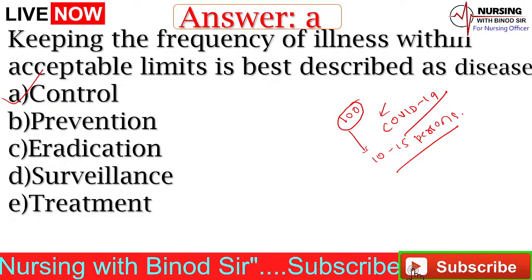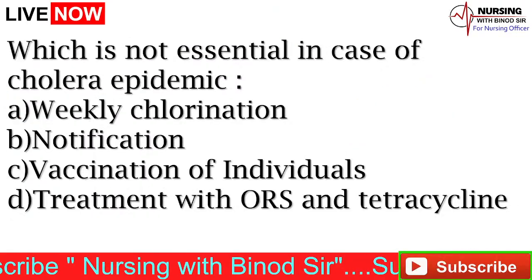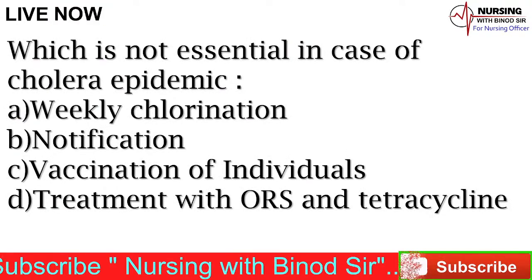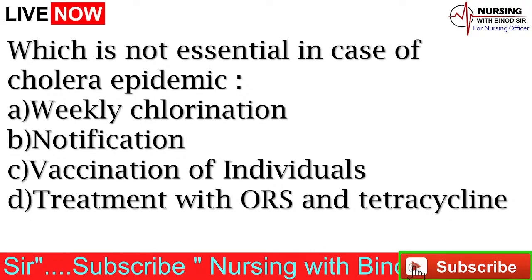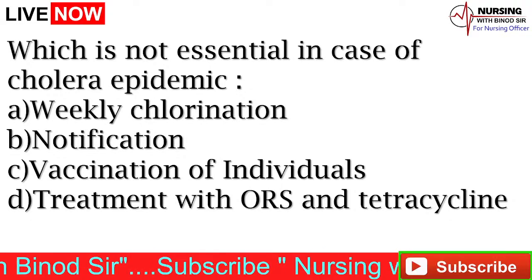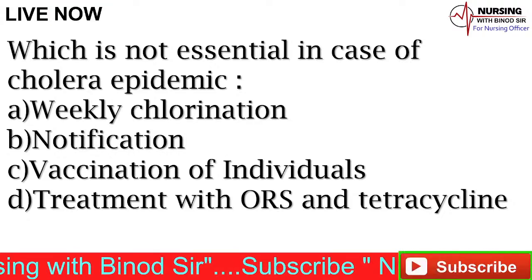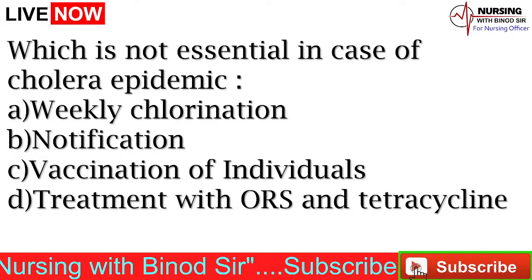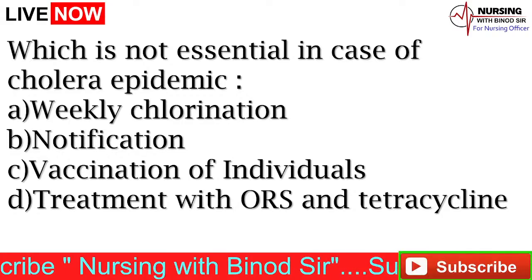Now we'll come back to the next question: which is not essential in case of cholera epidemic. Four options have been given to you. You have to choose one option. A option weekly chlorination, B option notification, C option vaccination of the individual, D option treatment with ORS and Tetracycline.